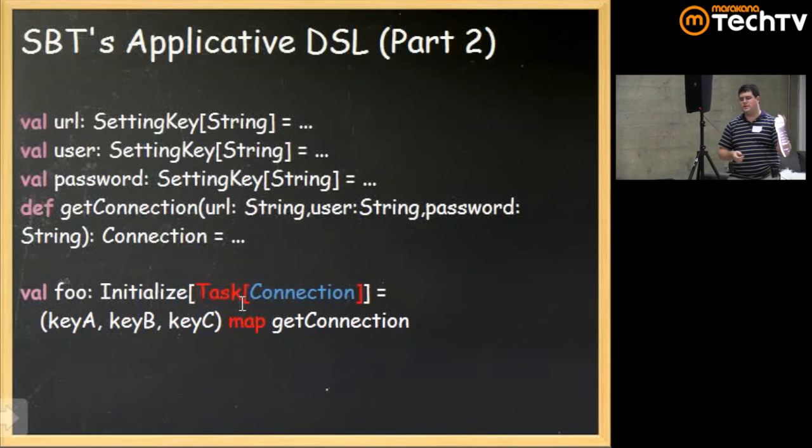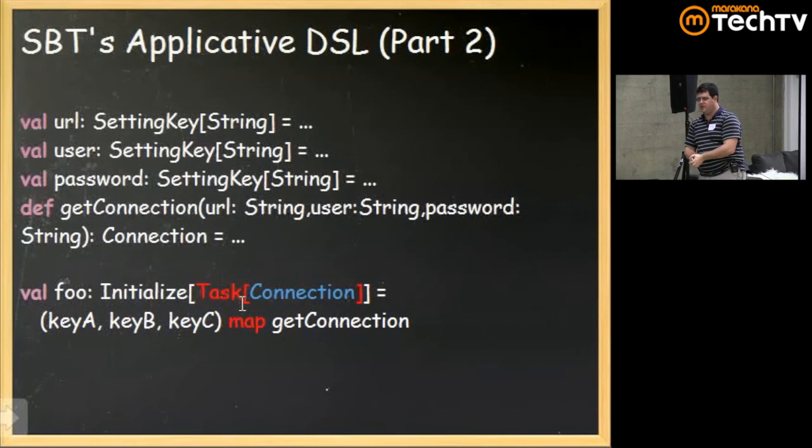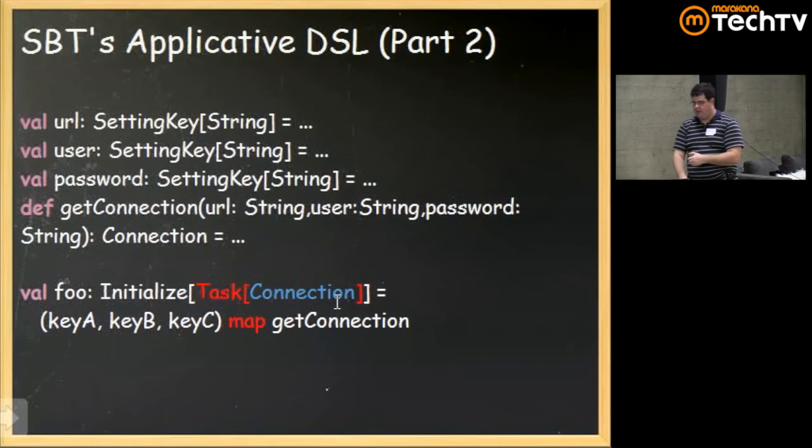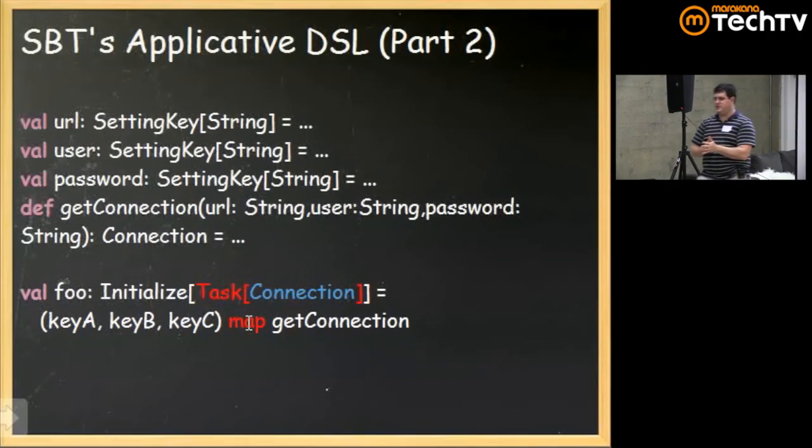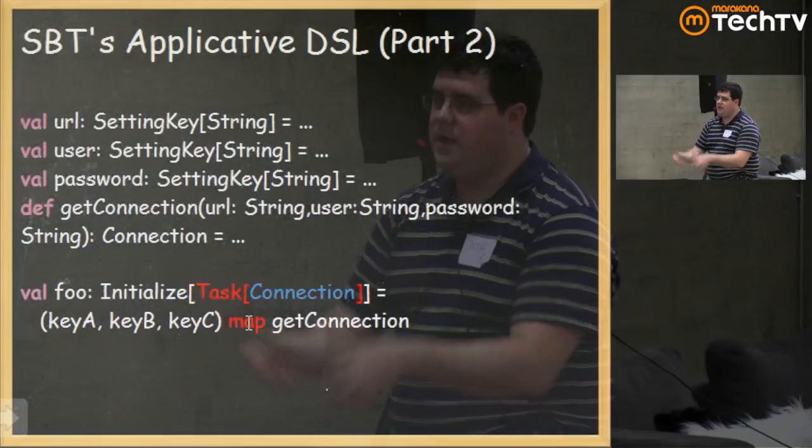Map works against initialize of task of t's. So if I want a task that will generate a connection, instead of generating one at build load, I have to use map instead. This is a common point of confusion in SBT. If I'm dealing with tasks and I have dependencies, I use map. If I'm dealing with settings, or setting keys, I use apply.